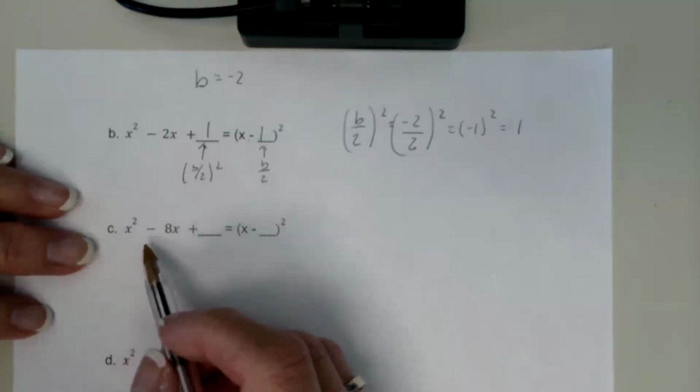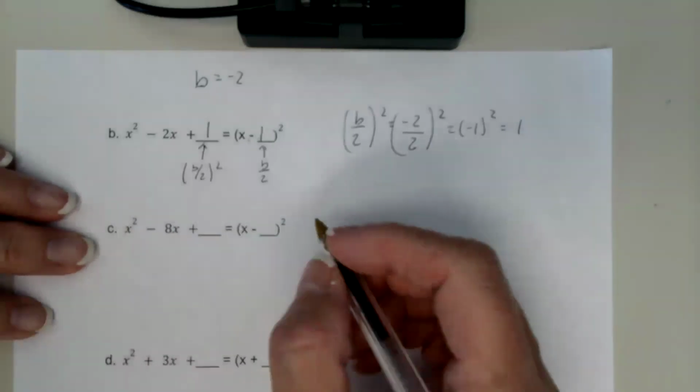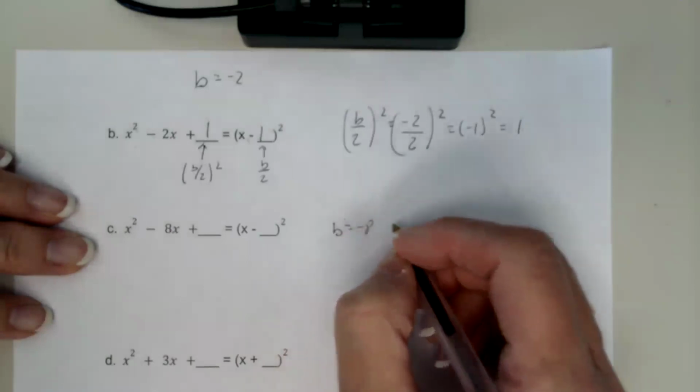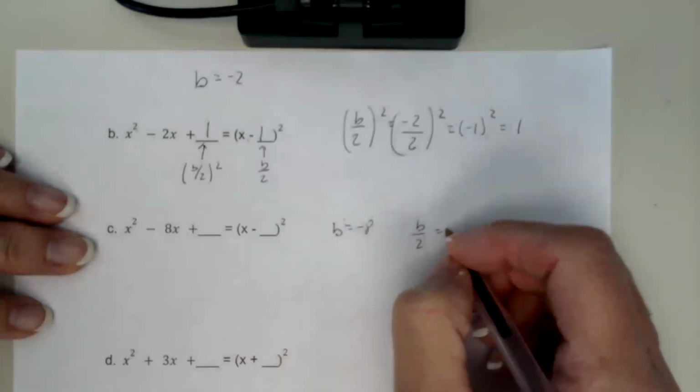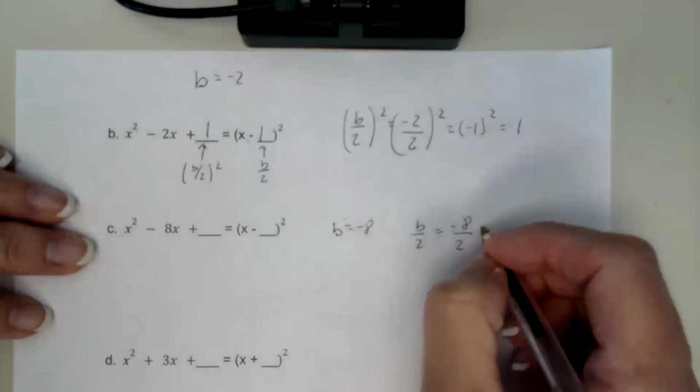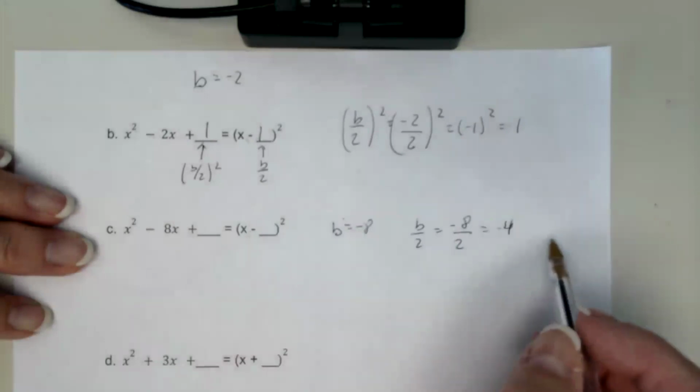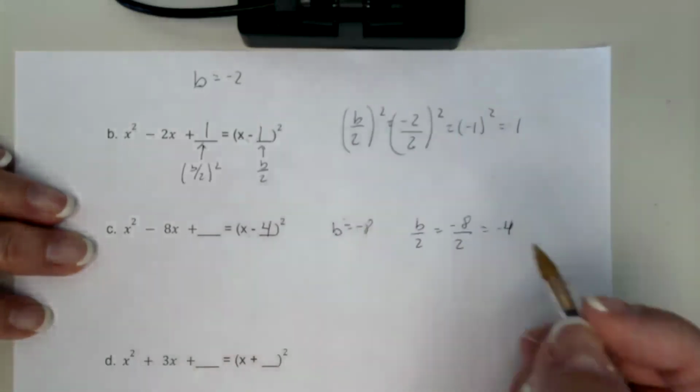Let's look at c. So c is x squared minus 8x. So b is equal to a negative 8. So b divided by 2 is a negative 8 divided by 2, which is a negative 4. So that's why this is x minus 4.